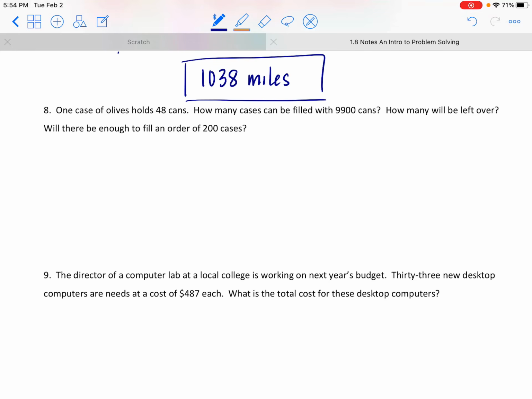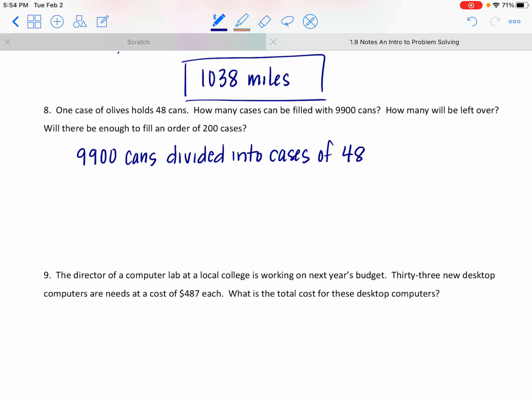But we have 9,900 cans, and we want to divide them into cases. That's what we're trying to do. And 1 case holds 48 cans. So we have 9,900 cans that are going to be divided into cases of 48 each.